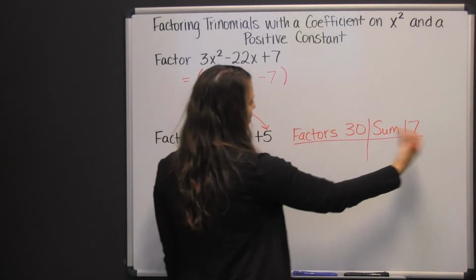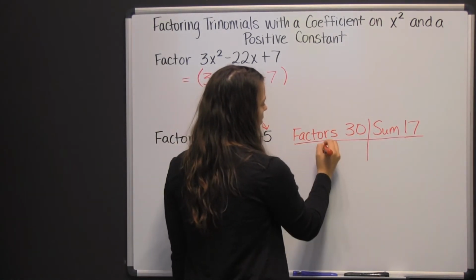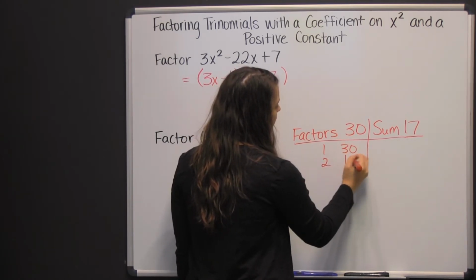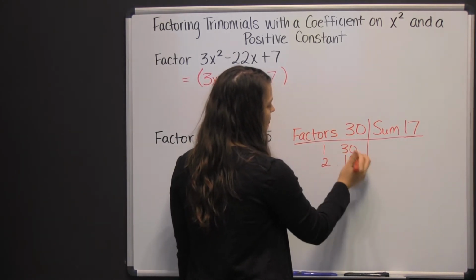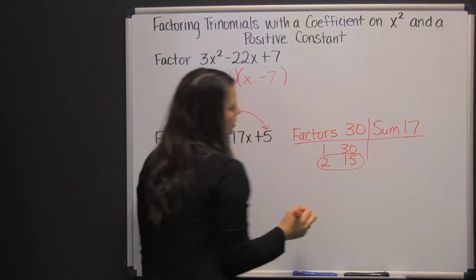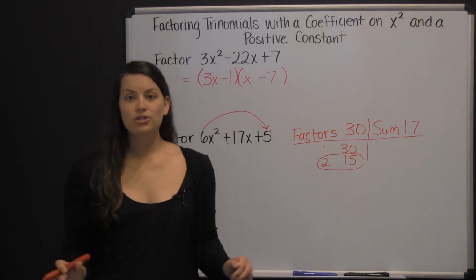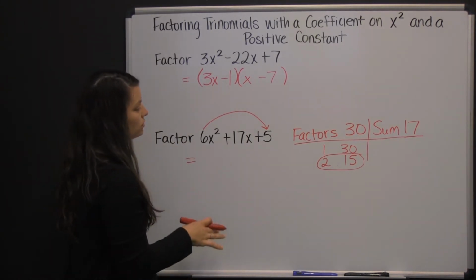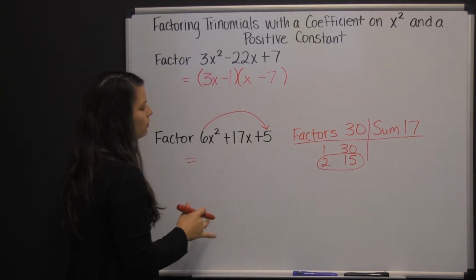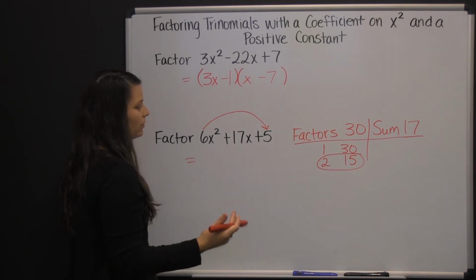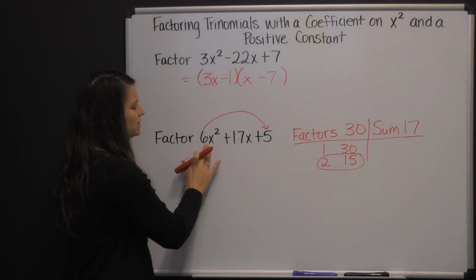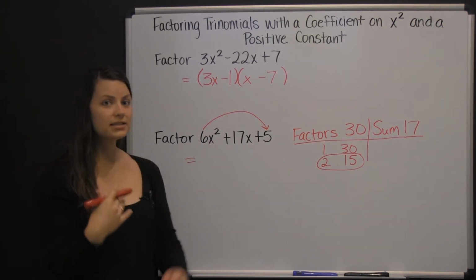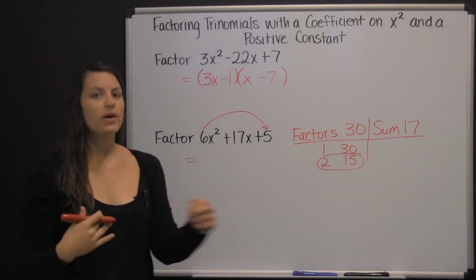Okay, so let's find the factors of 30 that have a sum of 17. Since everything's positive, we're just going to use positive numbers. So it could be 1 and 30 or 2 and 15, and there it is, so we can stop there. Now, instead of going right to writing our binomials, we're going to use those to rewrite this trinomial. We're not ready to write our binomial because we still don't know if 6x squared is x times 6x or 2x times 3x.